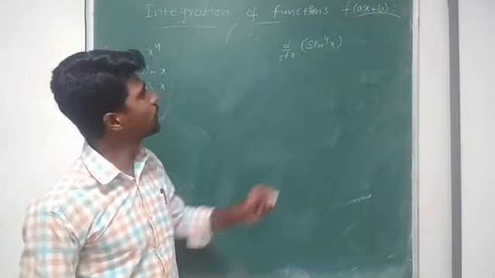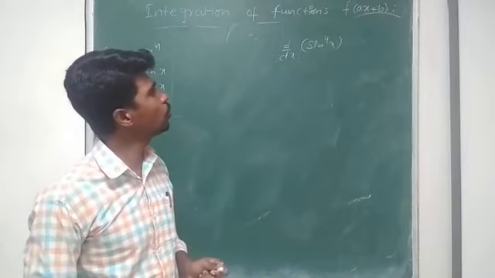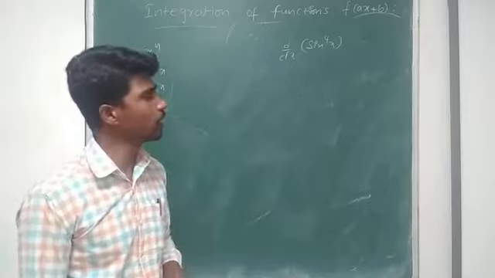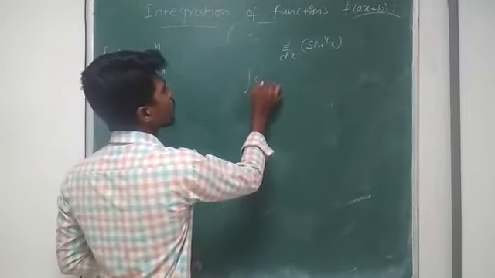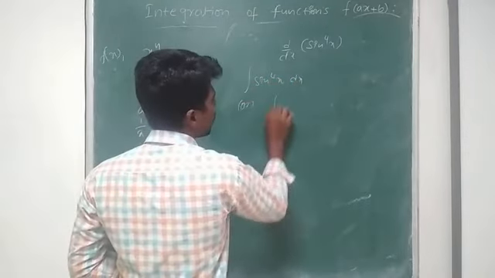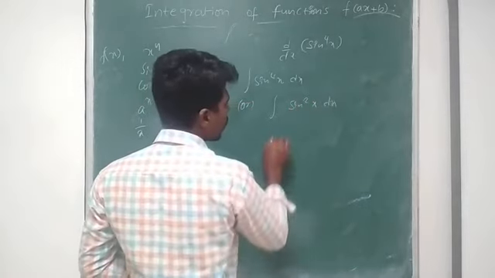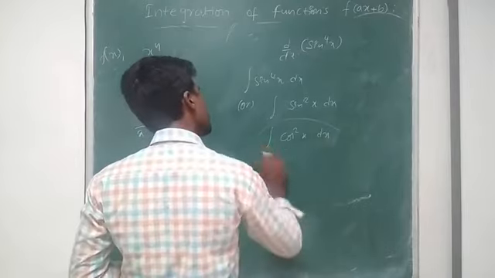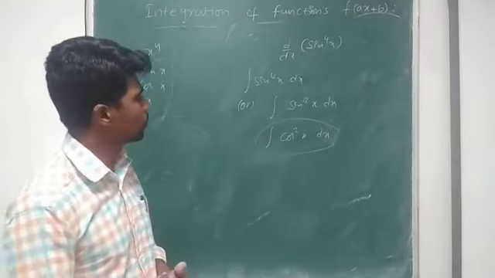Now, if I have these types of forms, how to do their integration? We already learned differentiation, now integration. So how do we find the integration of sine to the power of 4x dx, or the integral of sine square x dx, or cos square x dx? These kinds of things, how we are going to find them, that also we'll see.